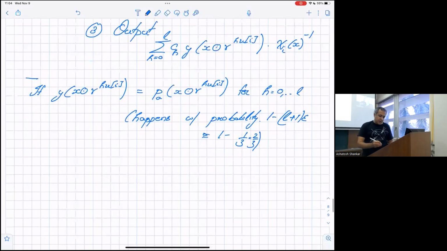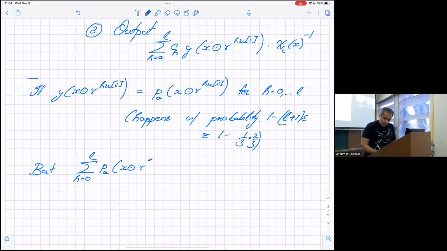Now when it's this, you just use the previous two things. You will realize in this case, the summation h equals 0 to L of P_a at x·γ^h u_i into c_h, times this whole γ^i.